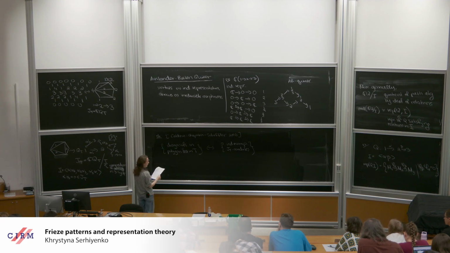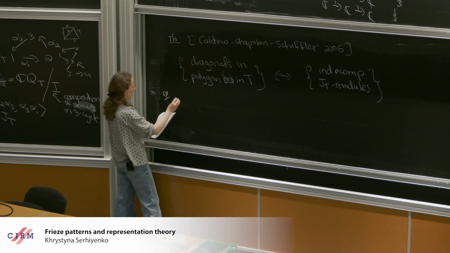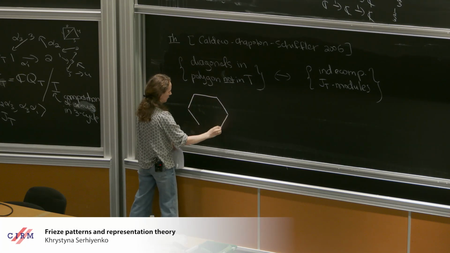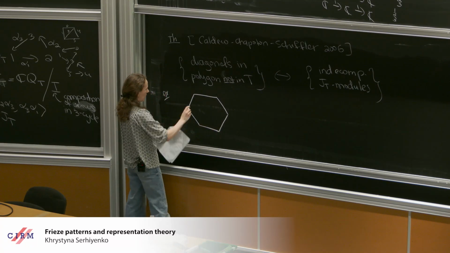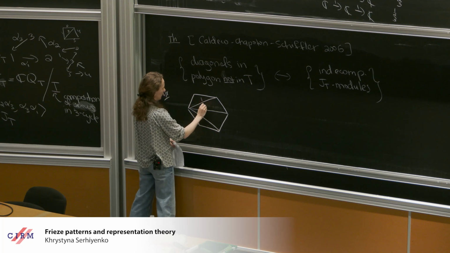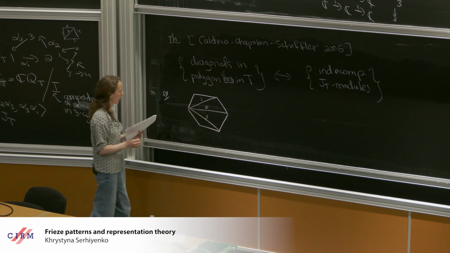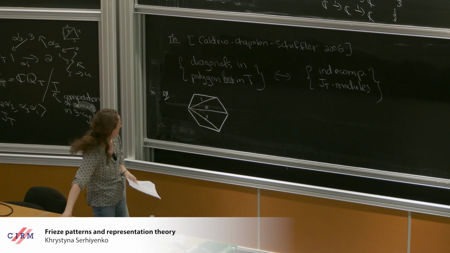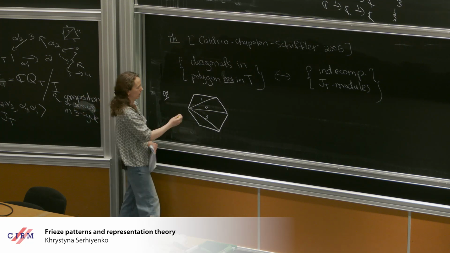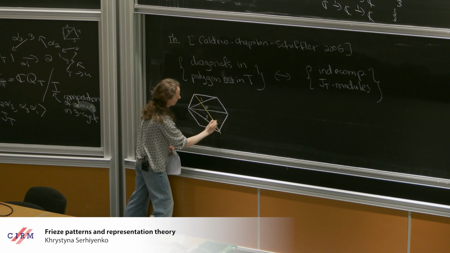Okay, so maybe I want to draw a very nice picture for you. Just to illustrate how this works, I'm going to have a running example again. I'm going to have 1, 2, 3. And now I'm going to choose a diagonal here, which is not part of my initial triangulation. So let's choose this diagonal, gamma.